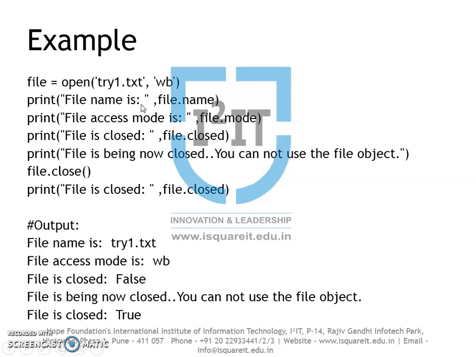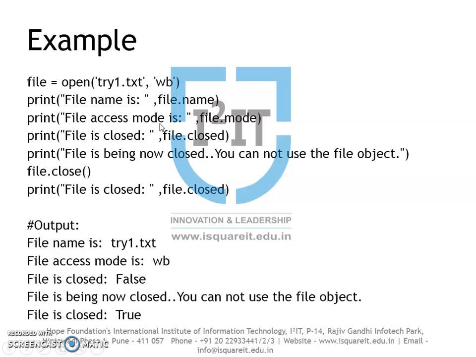One more example we will see. Here we have opened one file and we are trying to print the file name, so the name of the file will be printed as try1.txt. Here we want to access the mode. As it is opened in write binary format, wb will be printed. Now we are checking whether it is closed.